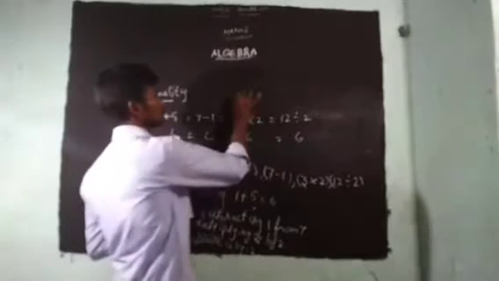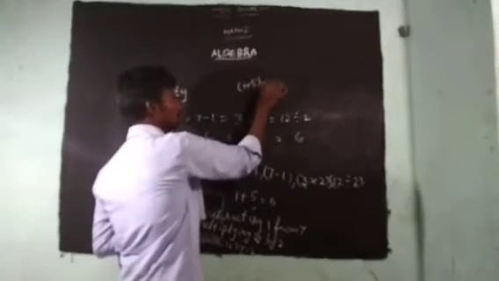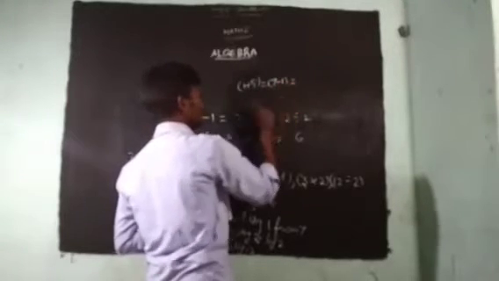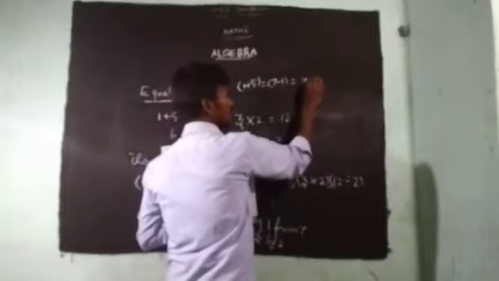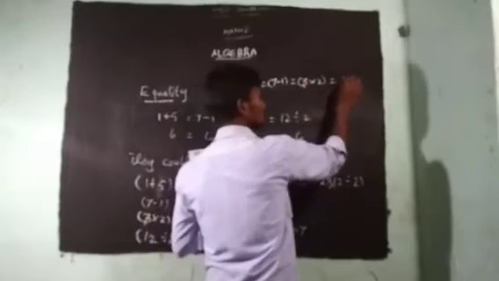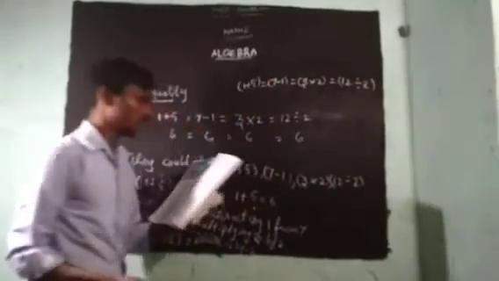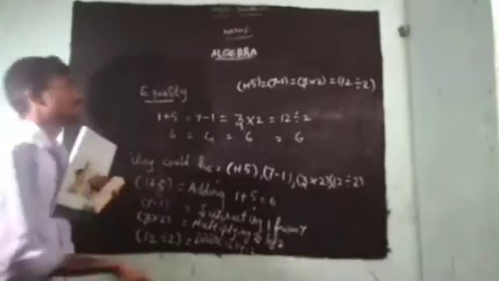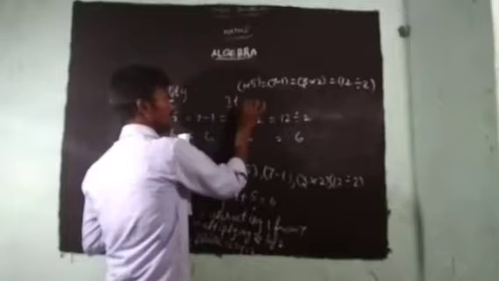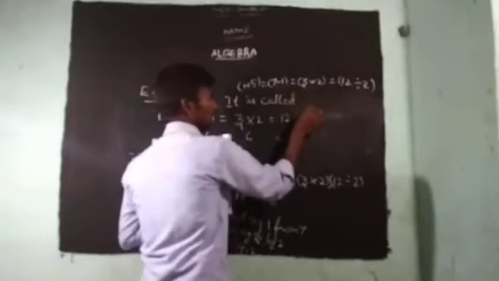Just look. 1 plus 5 is equal to 7 minus 1 is equal to 3 asterisk 2 is equal to 12 divided by 2. Is it correct or not? Yeah. So it is called an equality.